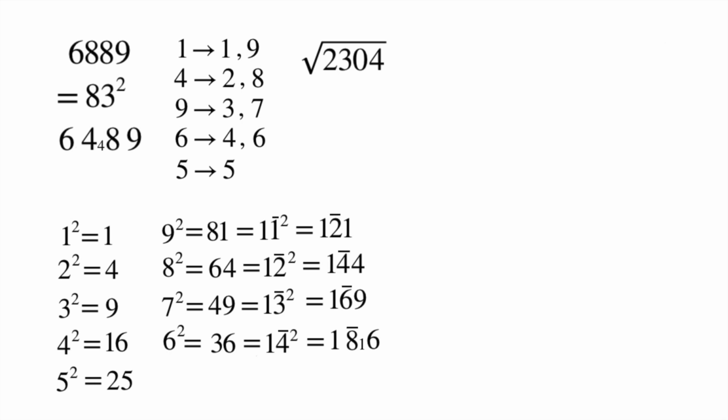Next example. 5 squared is too much, so maybe 4. Then 1's place 4 means 2 or 8. Since it's close to 25, let's try 8. We got it.